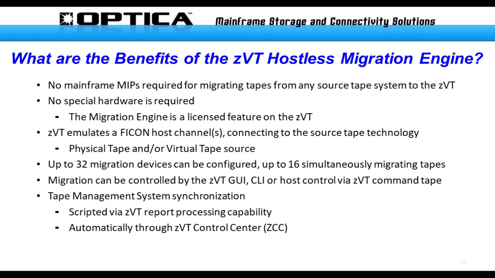Migration can be controlled by the ZVT's graphical user interface over a web connection. It can be controlled from a command line interface via secure shell, or from the host via what we call ZVT command tape. ZVT command tape is simply the ability of the host, via JCL or application, to write a special ZVT command tape.